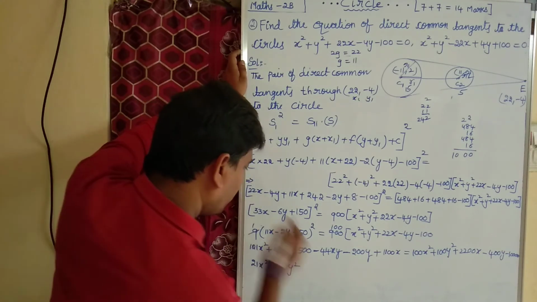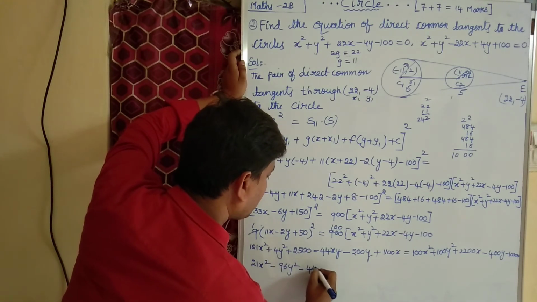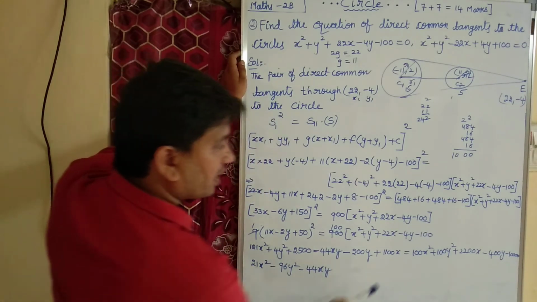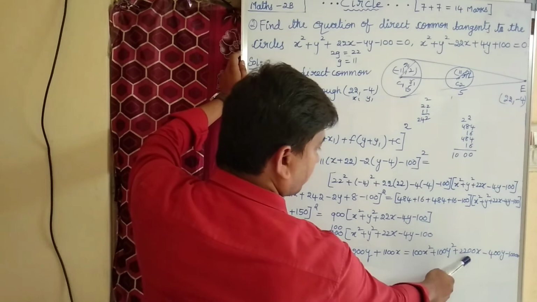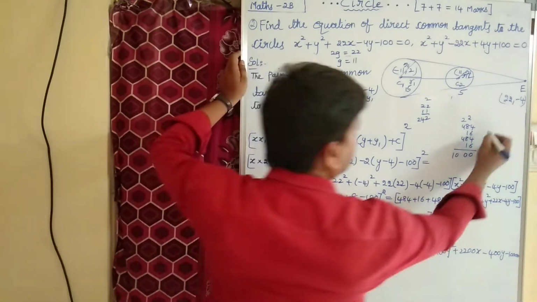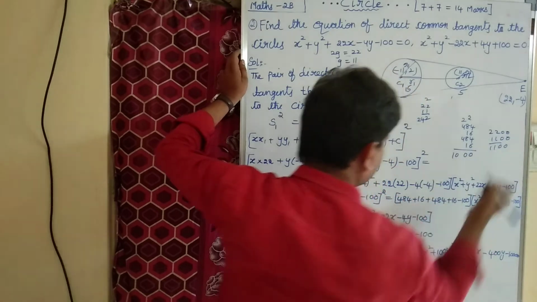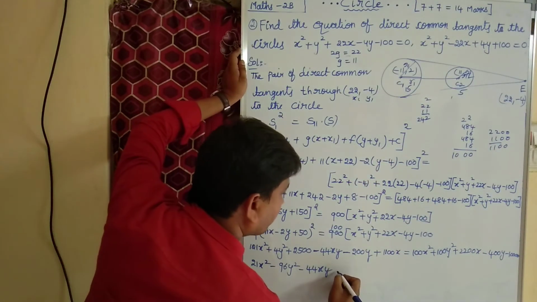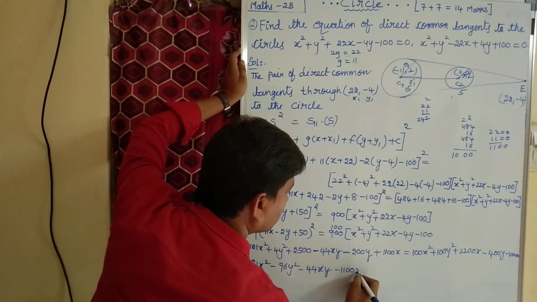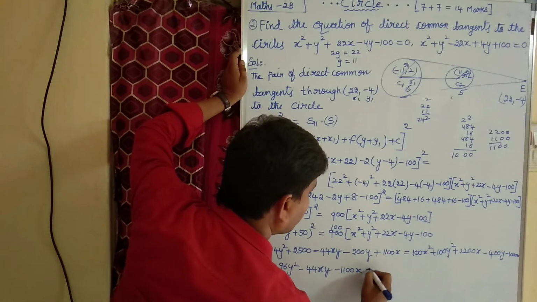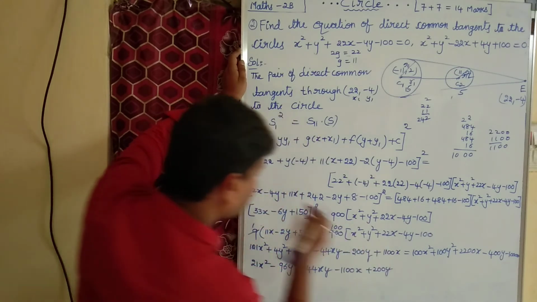So we have minus 44xy, let it be. Then the x term, you see 1100 we have here, but here we have 2200. 2200 minus 1100, that is 1100, which is minus 1100. Here minus 200y plus 400y, I mean plus 200y. Is there any constant?